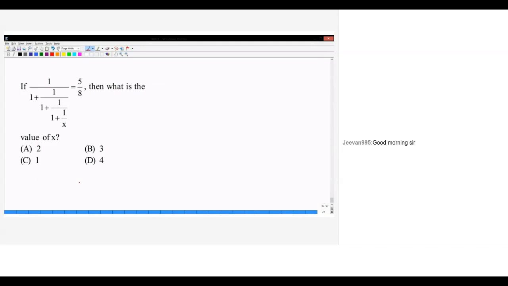Anyone tell me the value of x? Anyone answered?